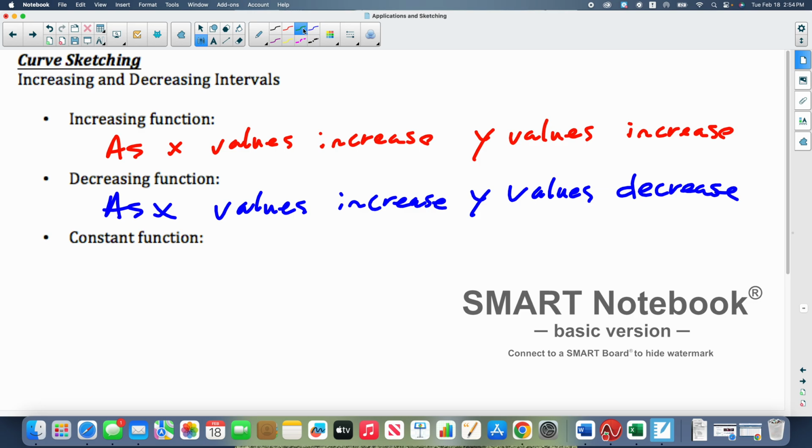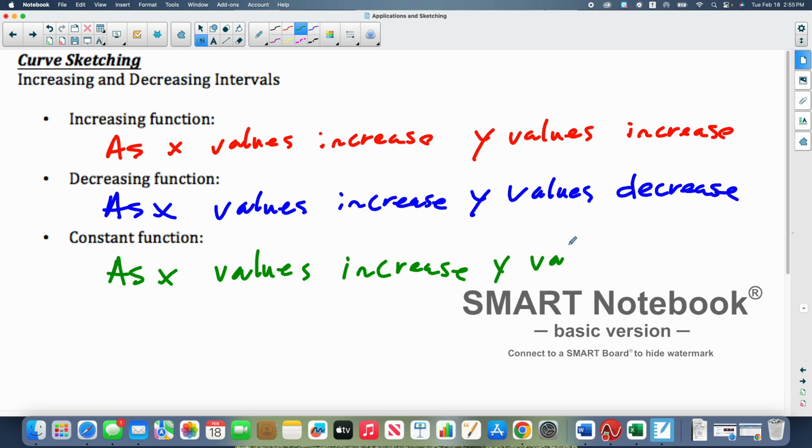That would be a decreasing function. What if it's like a parabola where it's both? We'll look at that as well. Because you can have both of these happening in the same function. It's not just one function there. All right, increasing part of that function, I guess you should say.